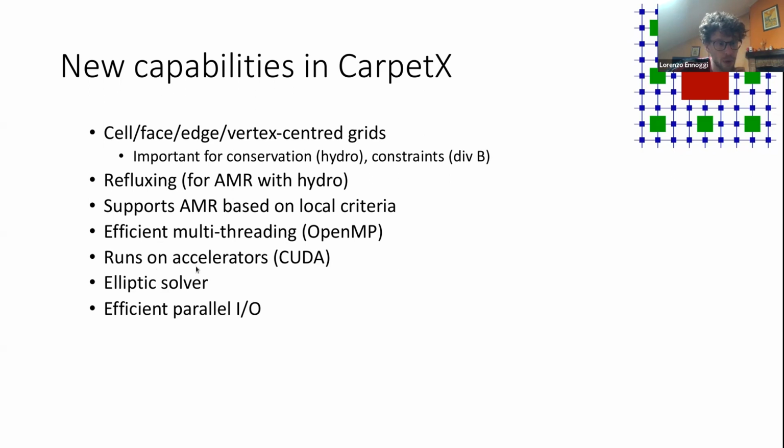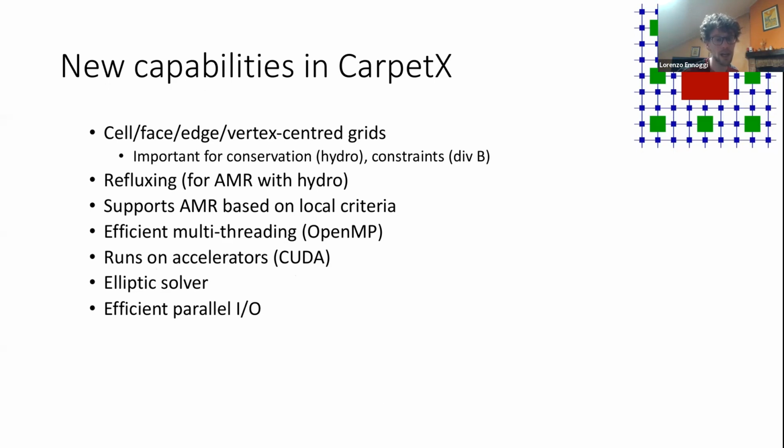This here is very important. There is CUDA support. Again, this comes from AMRX. This is very important, especially as of today, right? Because there is a lot of investment in GPU clusters, for example.